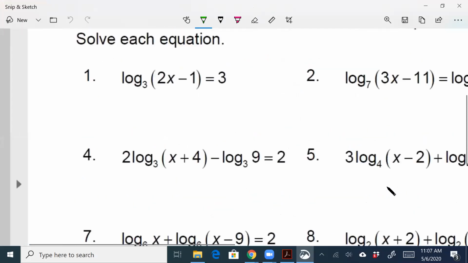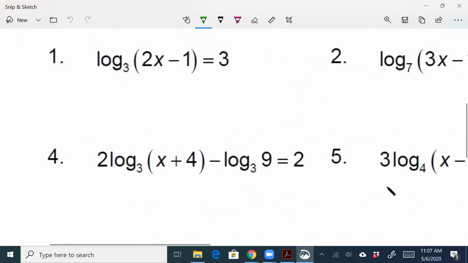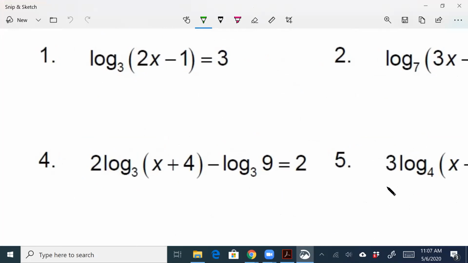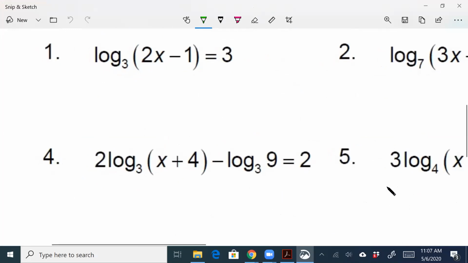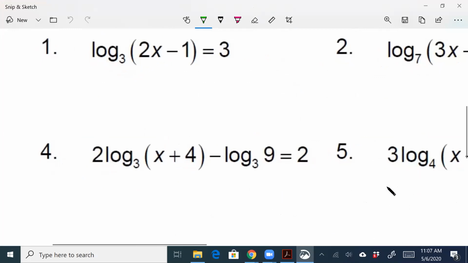So on number 1, we've got log base 3 of 2x minus 1 equals 3. And so using some of the properties that we've learned in prior lessons, we're going to raise both sides to the 3 power. In other words, we're going to have 3 as the base on both sides.